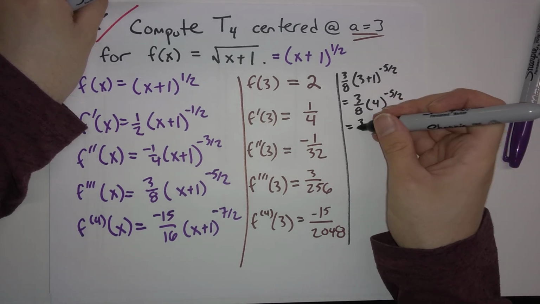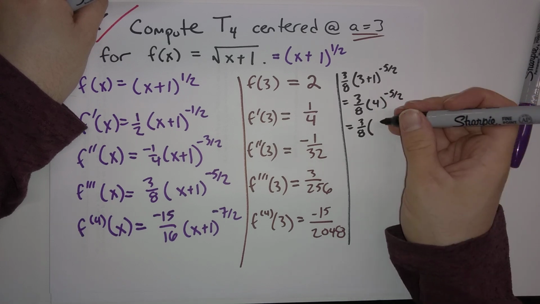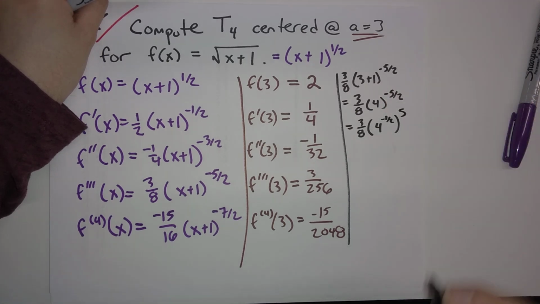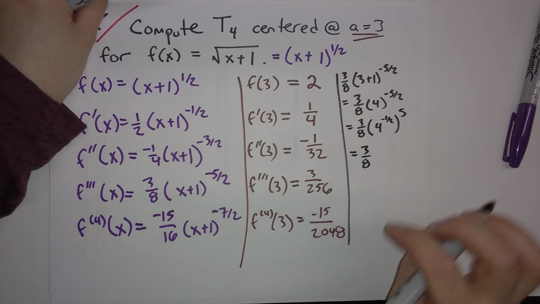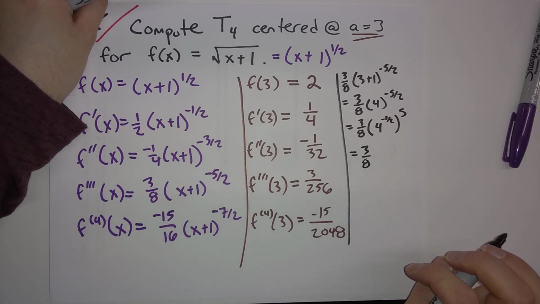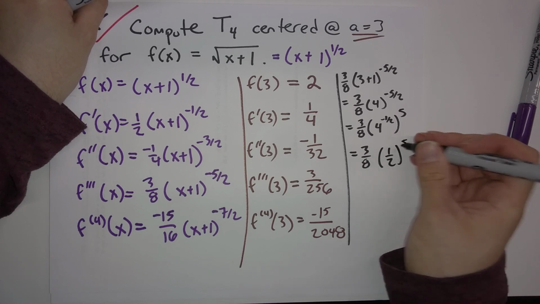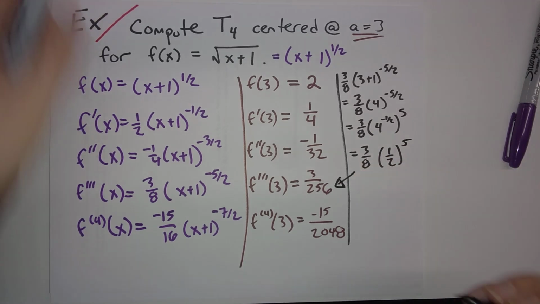We can rewrite 4 to the minus 5/2 as (4 to the minus 1/2) to the 5th. And 4 to the minus 1/2 is 1 over the square root of 4, so that's 1/2. And so 3/8 times (1/2) to the 5th gives you 3 over 256.